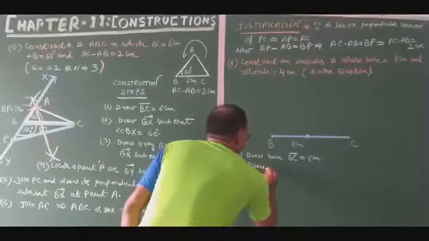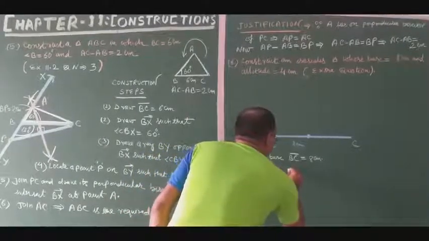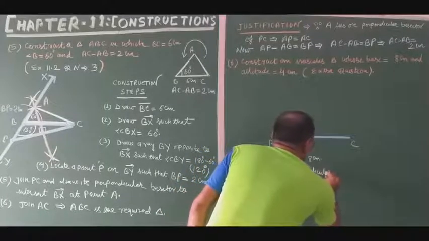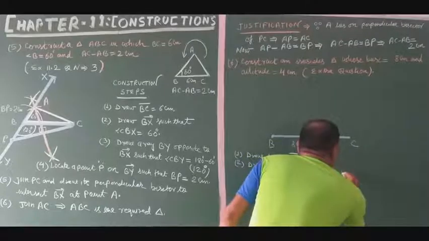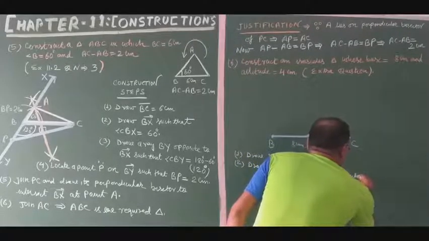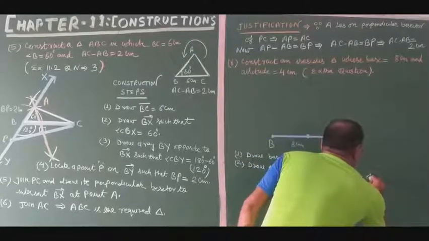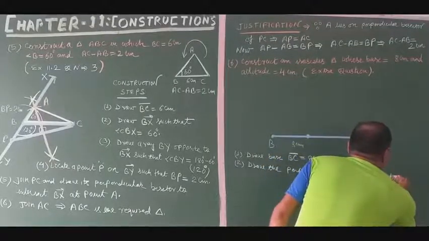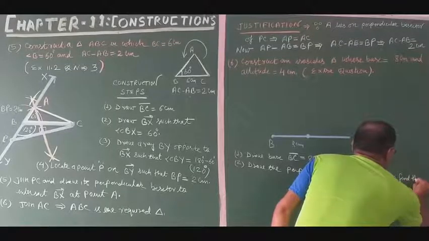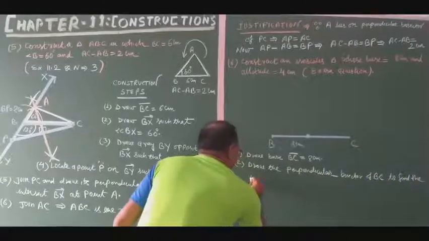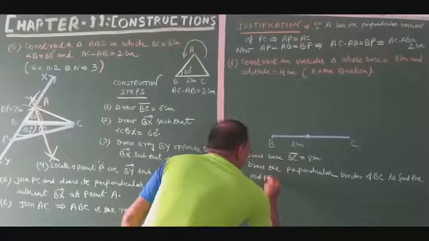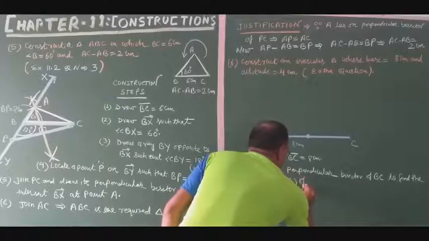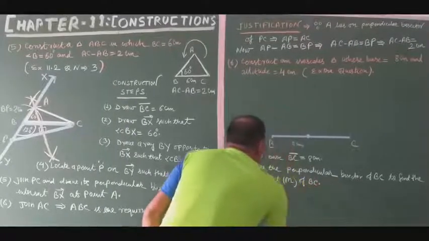Draw the perpendicular bisector of BC to find the midpoint M of BC.